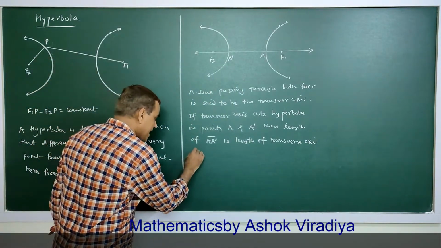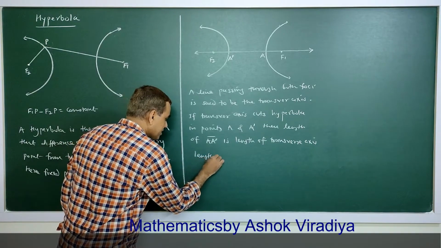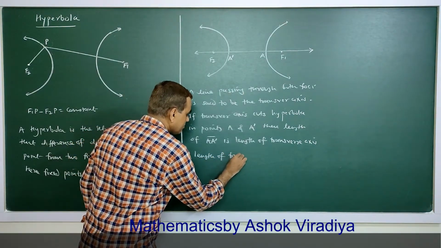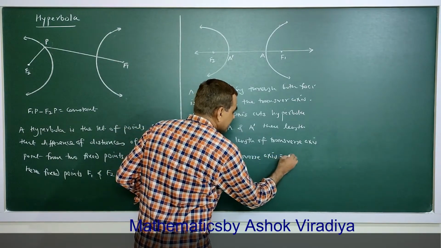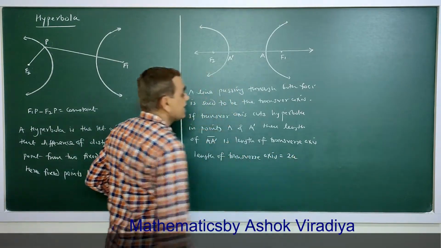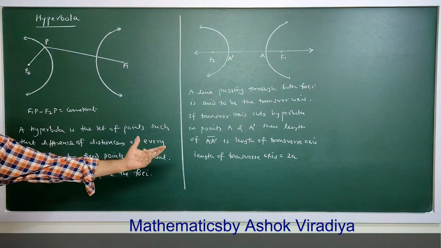Here the length of the transverse axis is taken as 2a. These are the symbols.